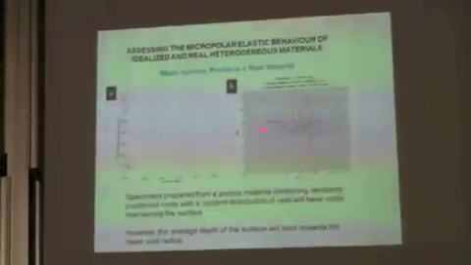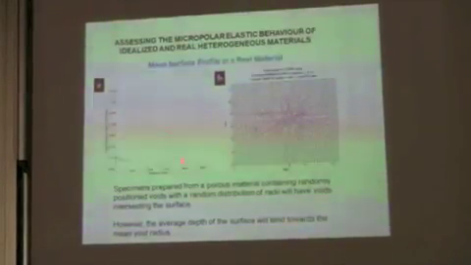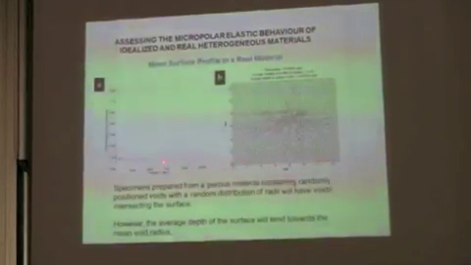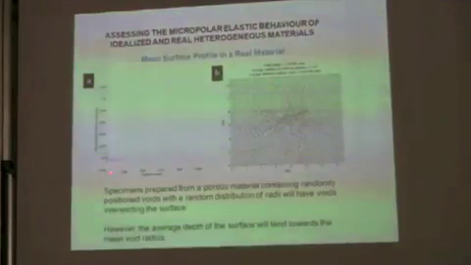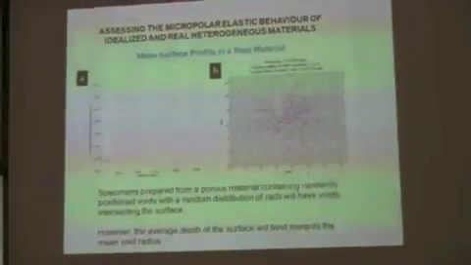On average, if you put lots of lines on it and do a statistical analysis, albeit a very simple one, what you find is that the surface roughness turns out to be approximately half the void diameter.